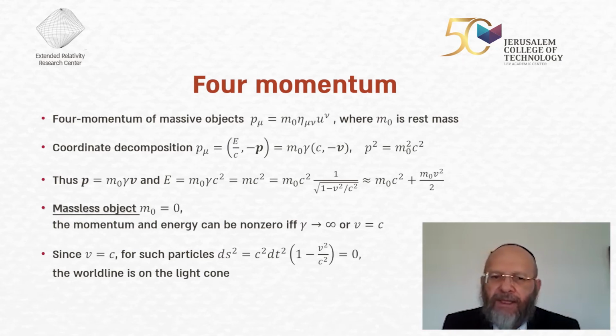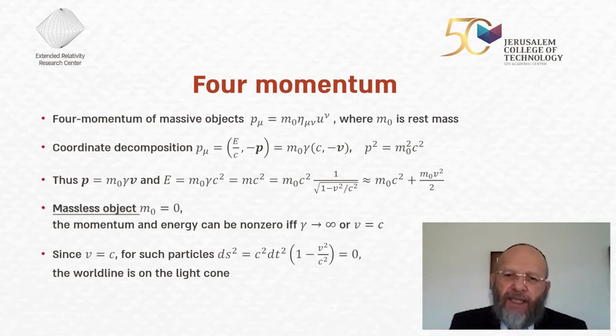The light cone exactly contains all vectors which have length 0, and so they propagate on the surface of the light cone. The massive objects propagate on the hyperboloid of the 4-velocities, while the massless ones propagate on the asymptotic behavior, like the light cone.